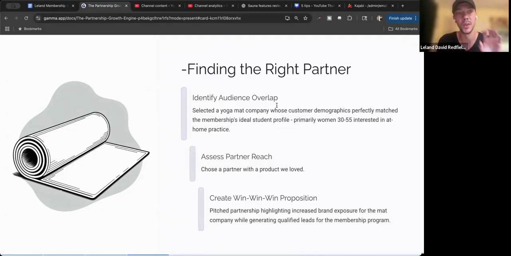But between you and the partner you're choosing, you want to make sure that the ideal client for you is going to be in both camps. If you partner with somebody who does yoga mats, there's a high likelihood anybody who buys a yoga mat is also going to want to buy a yoga membership or do yoga in some situations. So those two partners are very, very aligned.